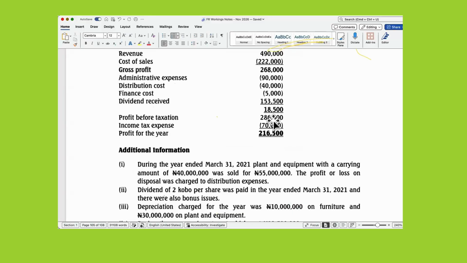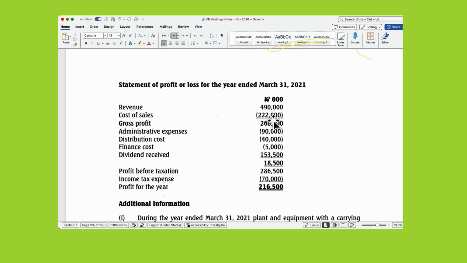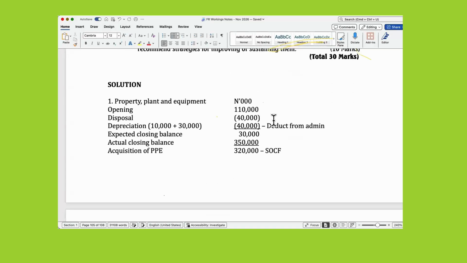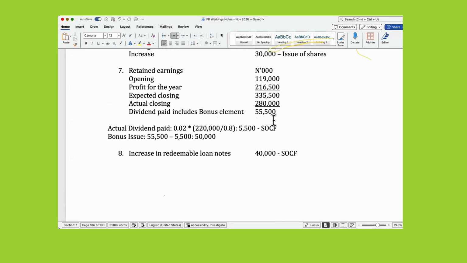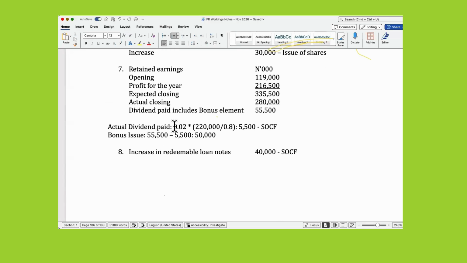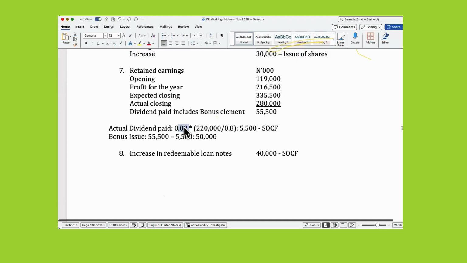Yeah, Ruth, I can see your hand. Please go ahead. My question is about the 0.02. You said 2 kobo per share and you're using 0.02. I'm confused. Yes, so the way you understand it is, if it were 20 kobo per share, I would have used 0.2 because 20 kobo is like 20%. Since this is 2 kobo, this is like 2%.